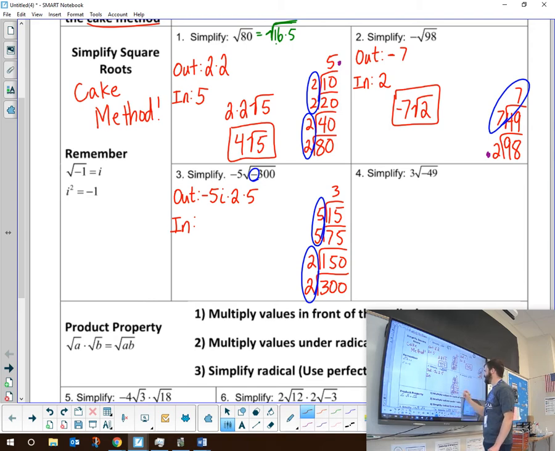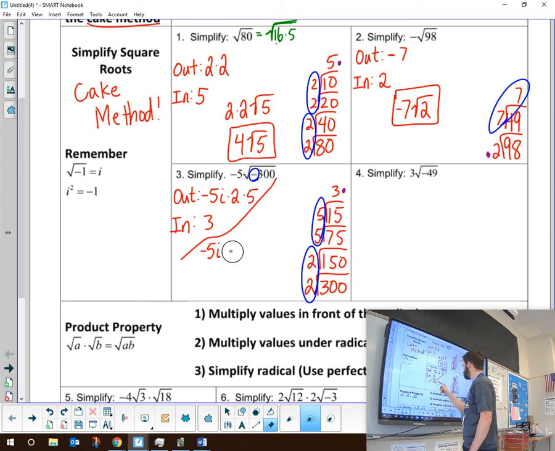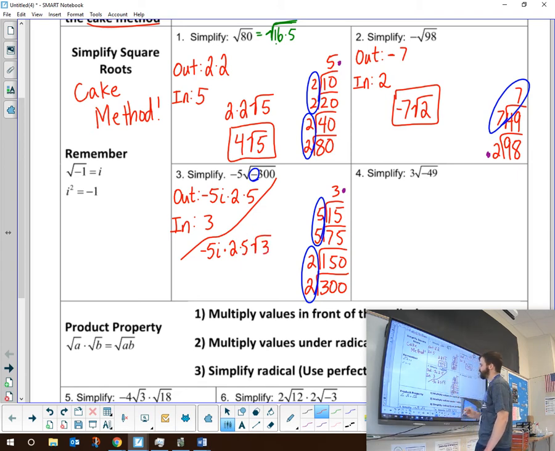And then on the inside, we have left over a 3. Okay, so let's write this out here. Let's write all the stuff we have on the outside, negative 5i times 2 times 5 times the square root of 3.